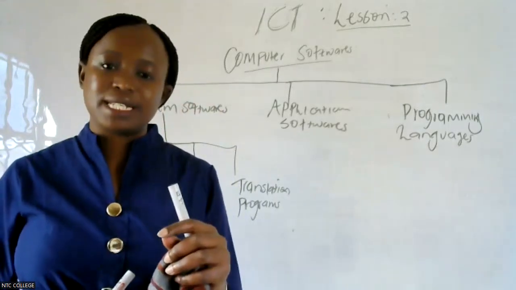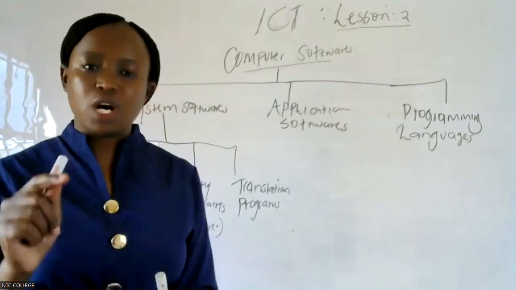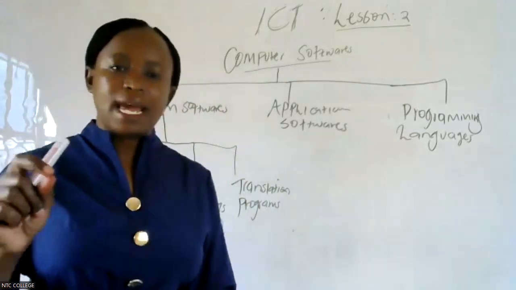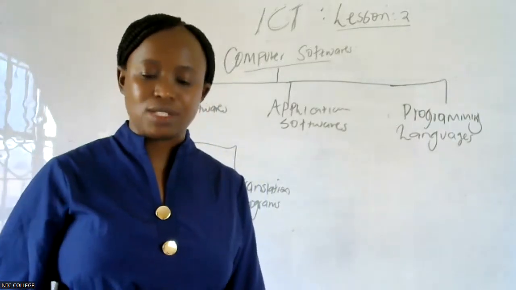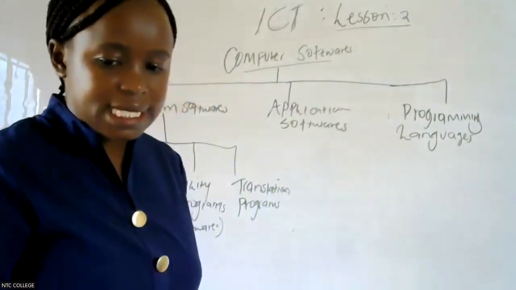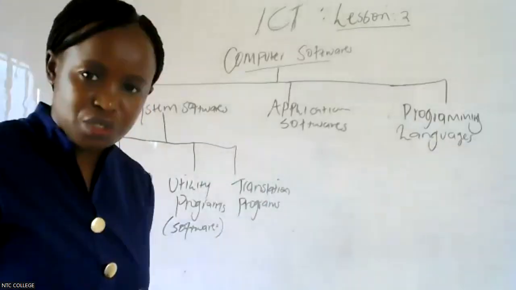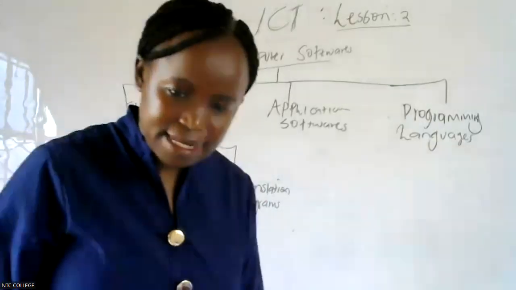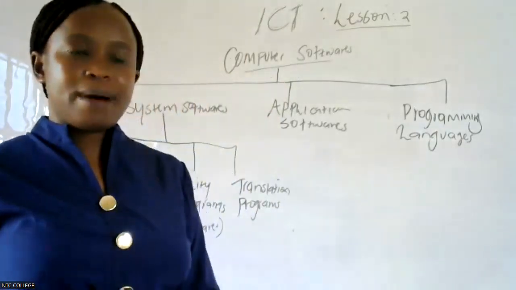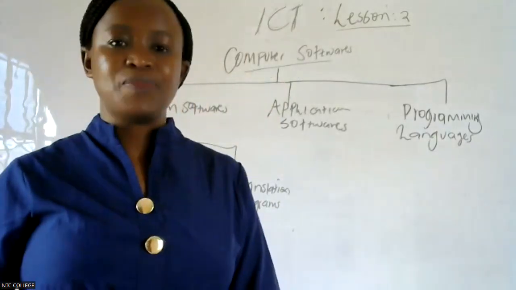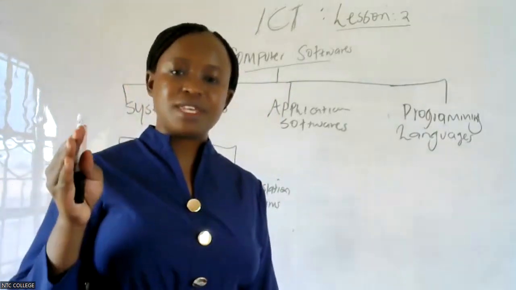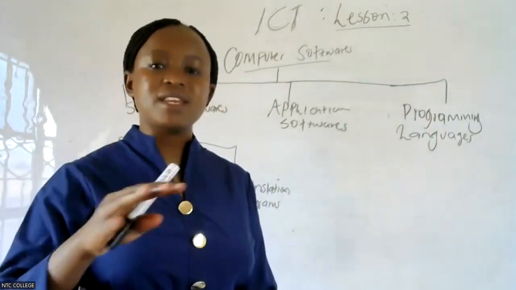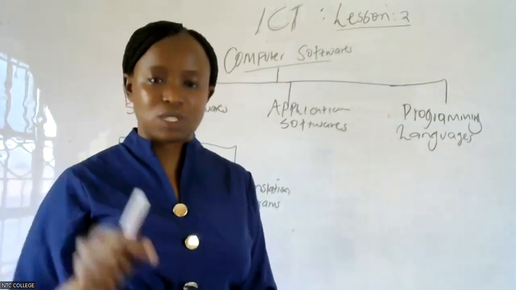As you interact with the system, you don't need to struggle. You don't need to fight with the system. The intention of technology is to make our work easier. So when it comes to these application softwares, they are designed for the purpose of enhancing users' efficiency as far as interacting with the machine or with the information systems is concerned.